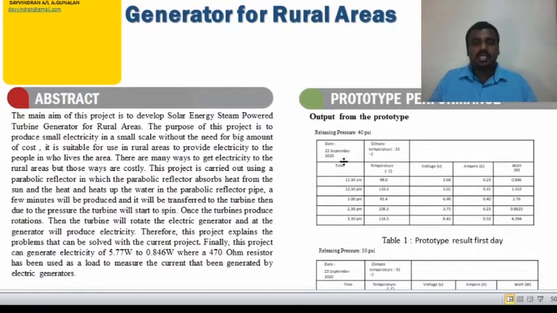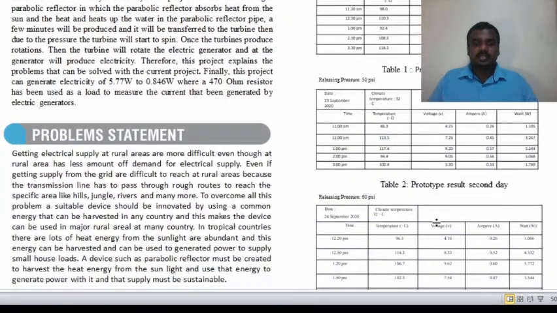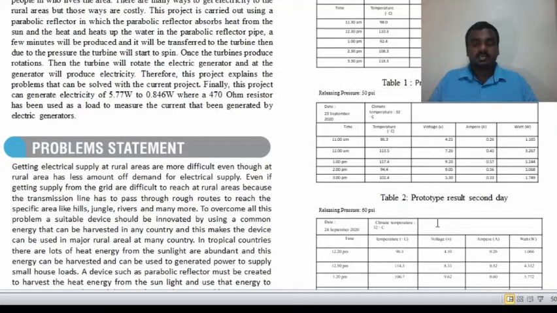That was on 22 September 2020. On that day, the climate temperature was 33 degrees Celsius, and the temperature on the parabolic mirror was 118 degrees Celsius. The second test was done on 23rd September 2020.